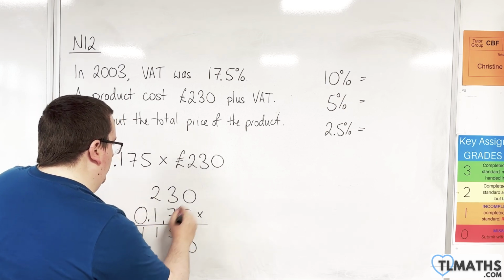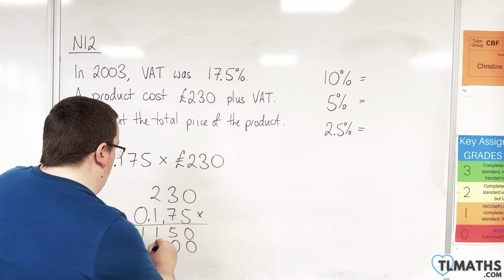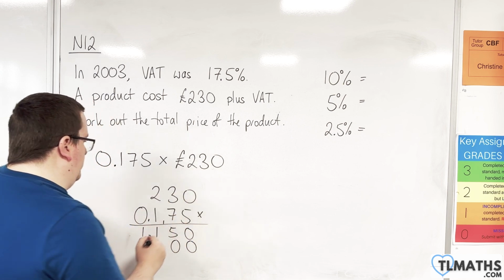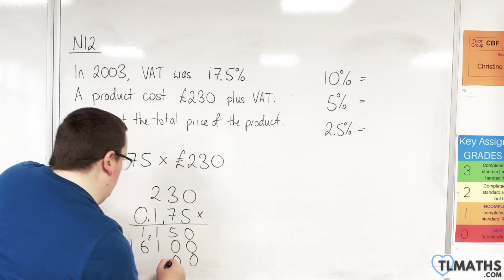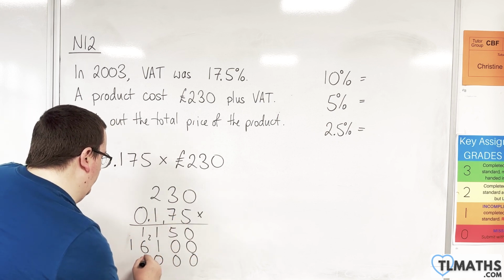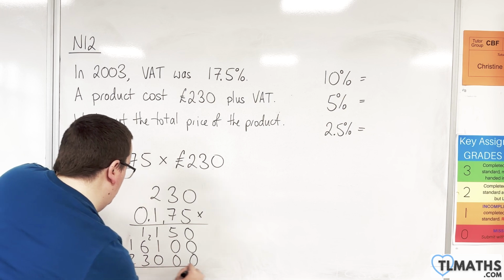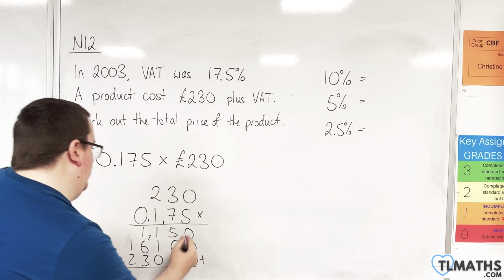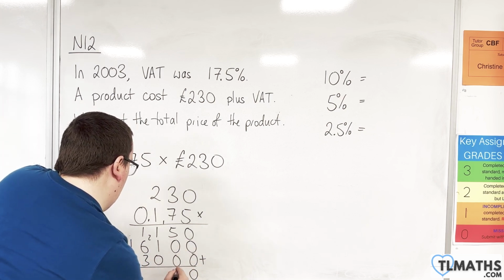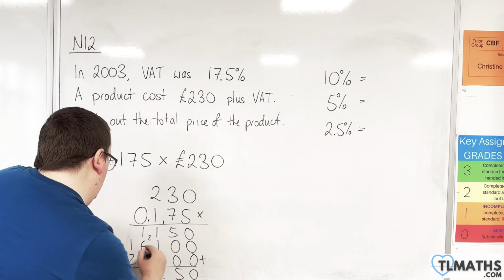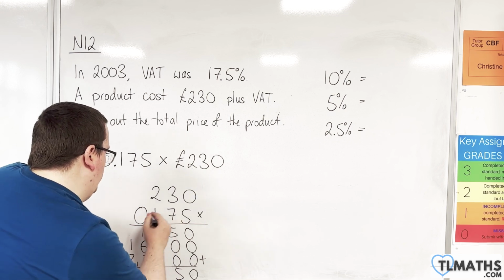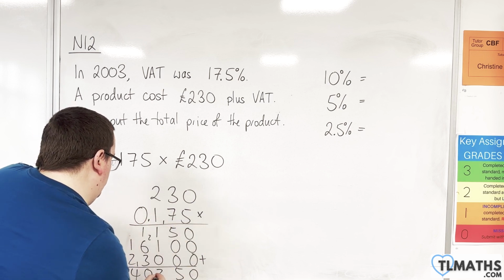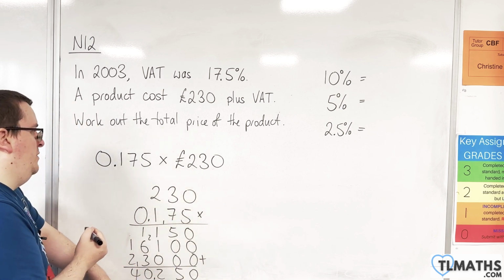Bring in a 0, 7 lots of 0, 3 sevens are 21, 2 sevens are 14, plus the 2 is 16. 2 zeros, and we've got 1 times 0, 1 times 3, 1 times 2. And then I've got to add those three results together, so we're going to get 0, 5, 2, 10, 4, and we've got three numbers after the decimal point, so 40.25.